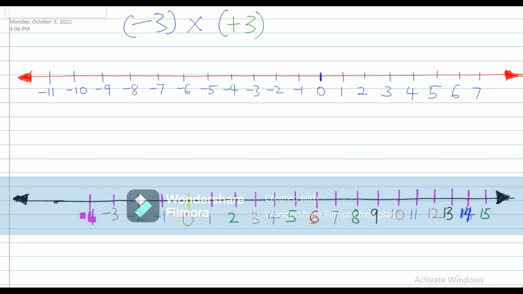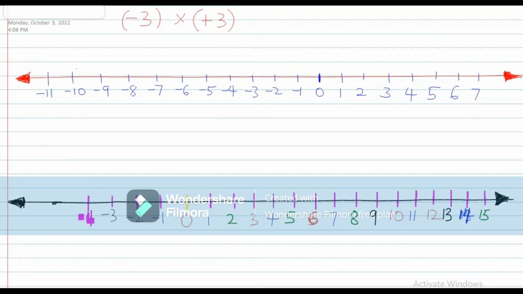Like I've said, we always start from the 0 mark, and then consider the negative 3 as the multiplier. So something happens when we do negative 3 multiplied by positive 3.